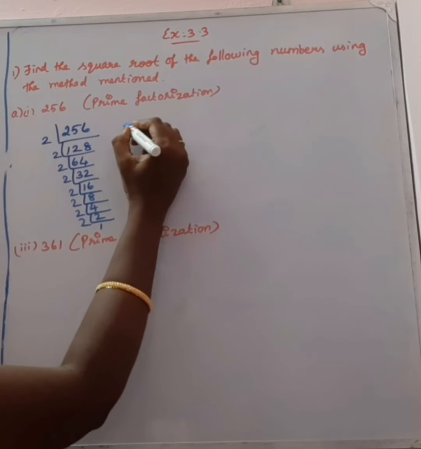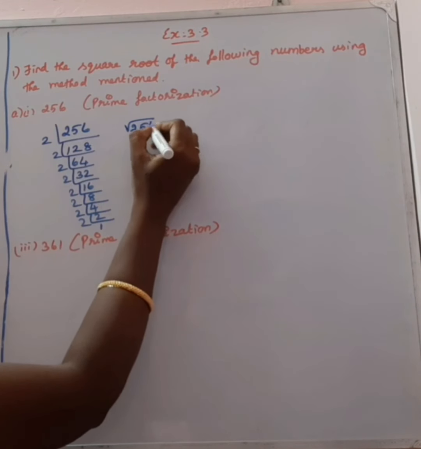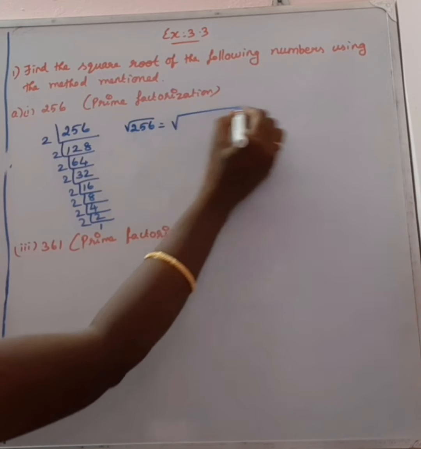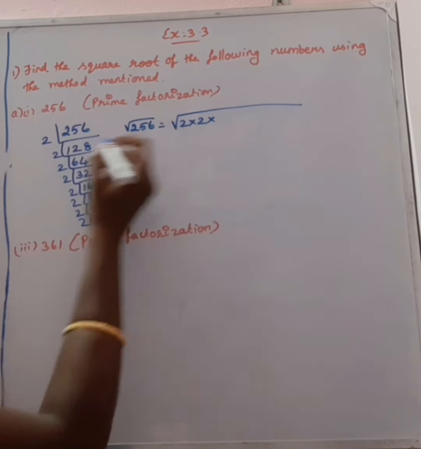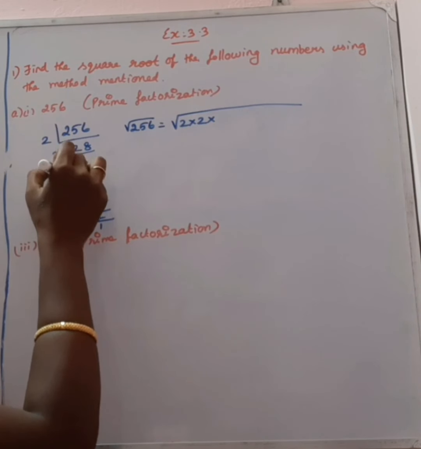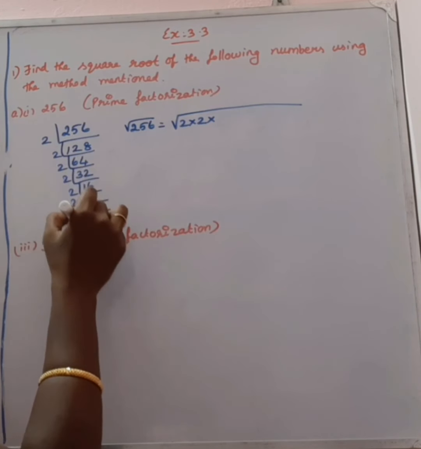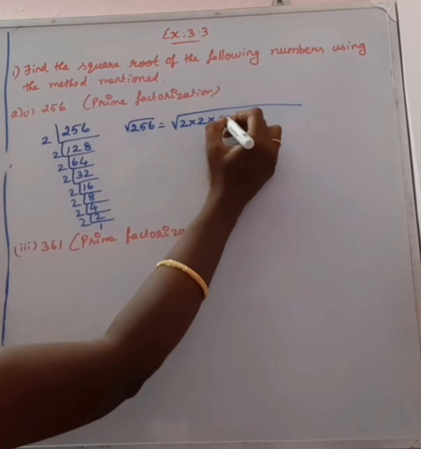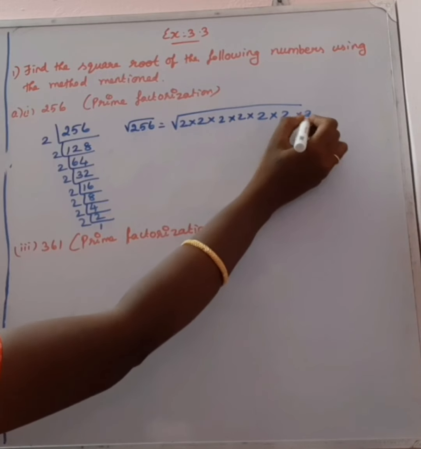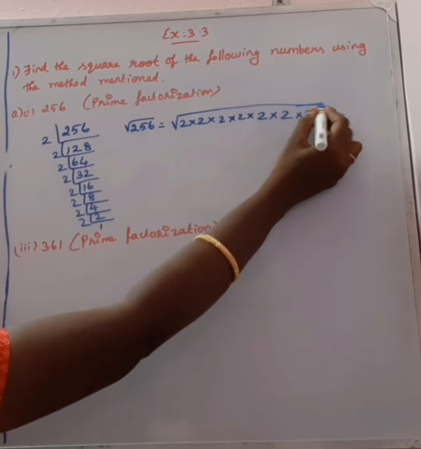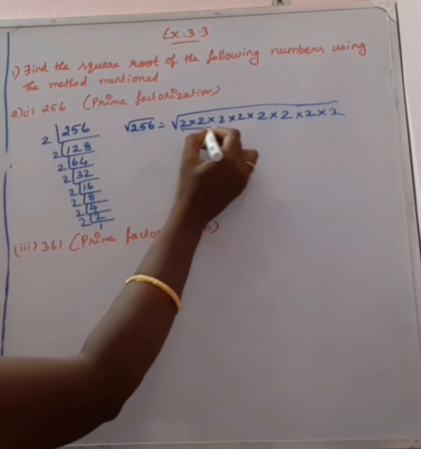Okay. So square root of 256 is equal to square root of 2 into how many 2's here? 1, 2, 3, 4, 5, 6, 7, 8. Okay, now pair this one.